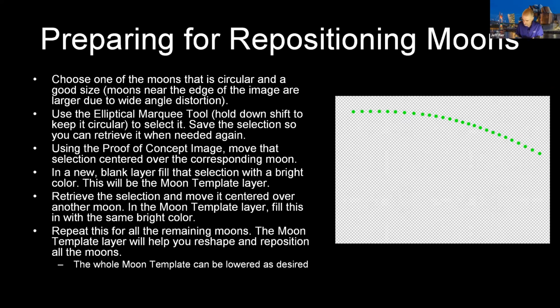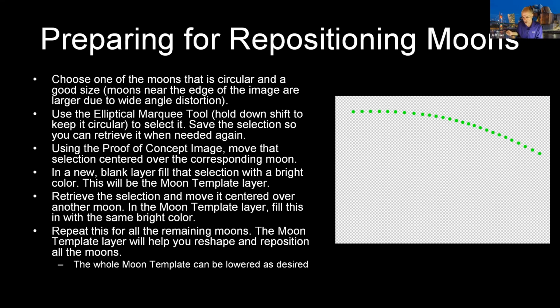So what I eventually figured out in this process was better than using that image as a layer for my place to position the moons. What was better was to create a template. And so what I did is I found one of my central moons, one of the eclipse moons, and used that as the template for the size of the moon that I wanted each of these moons to be.